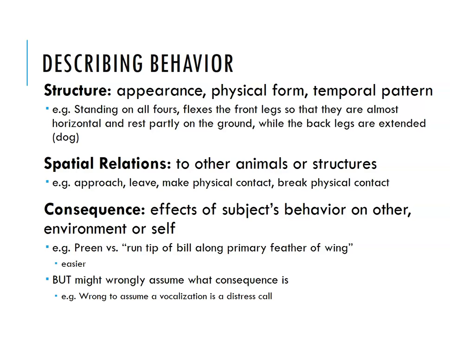So for example, we can describe the behavior as what it is, right? Like preening versus running the tip of the bill along the primary feather of the wing. If you know what preening is in birds, it literally is running the tip of the bill along the primary feather of the wing.